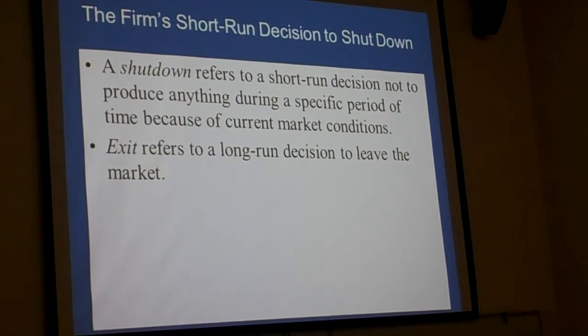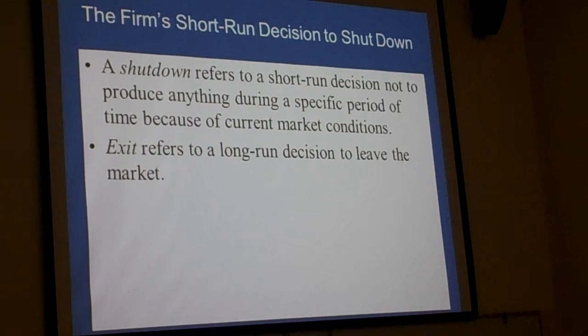Okay, so there's a couple of things we need to talk about here. You just write these down. These are on the pen. Okay, so we have two situations here. There's a shutdown. Firms shut down when their operations aren't paying for their variable cost.